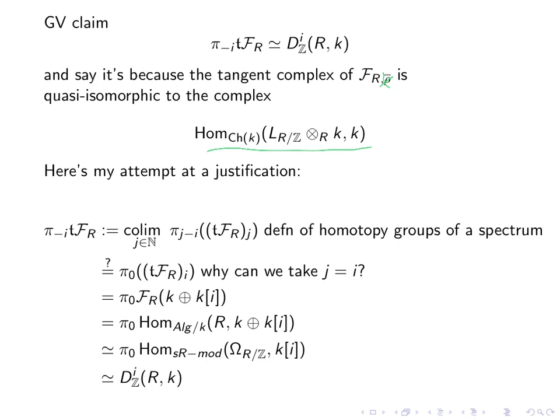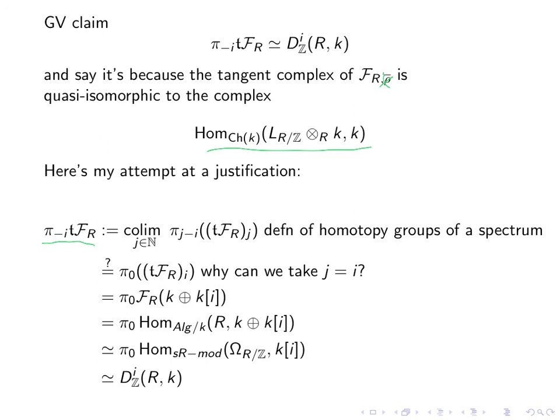And I couldn't quite follow that, but here's my somewhat justification. So the homotopy group of a spectrum, by definition, is the colimit over J of the homotopy groups of various spaces appearing in the spectrum.